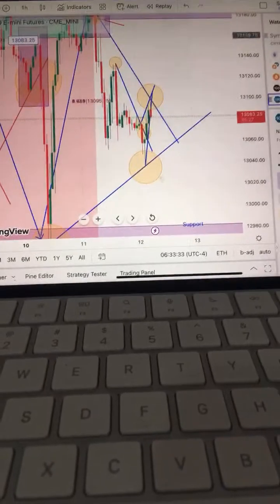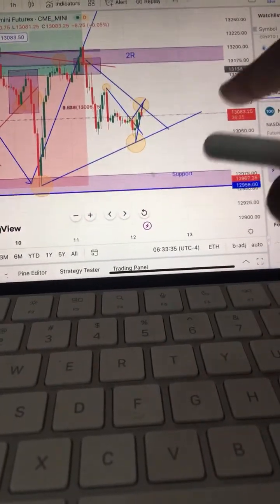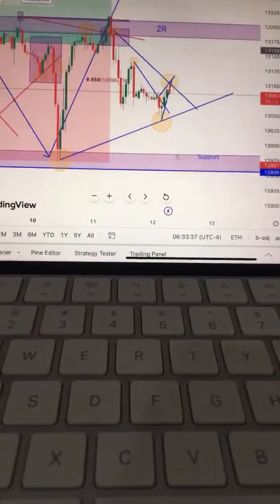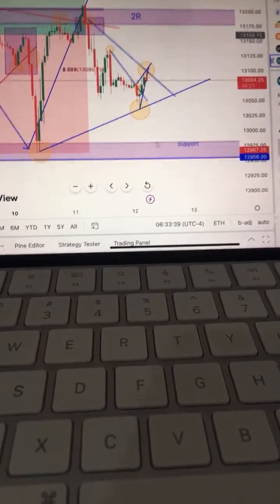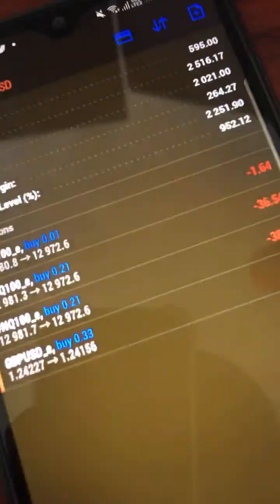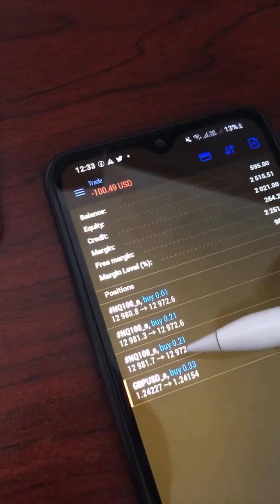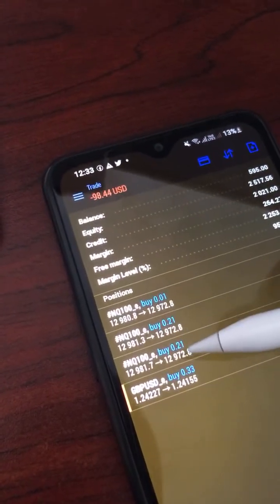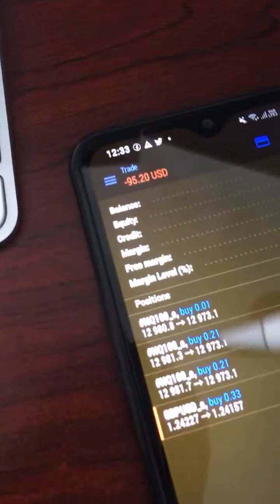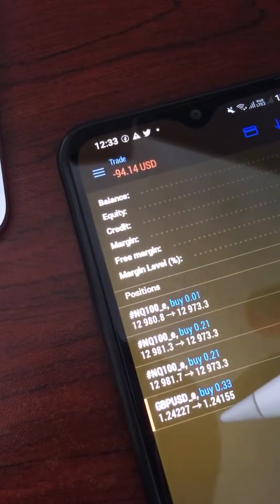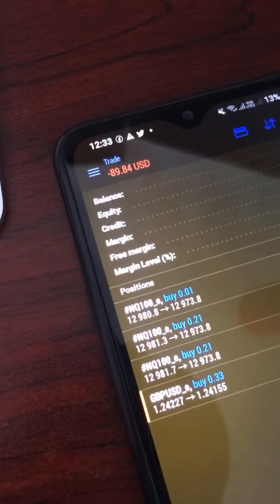Let me switch to H1. So this is my H1 and this is what I have on H1. For my Nasdaq trades that are running, I have 1, 2, 3, 1, 2, and 3 trades running, and my GBP that I just placed right now.